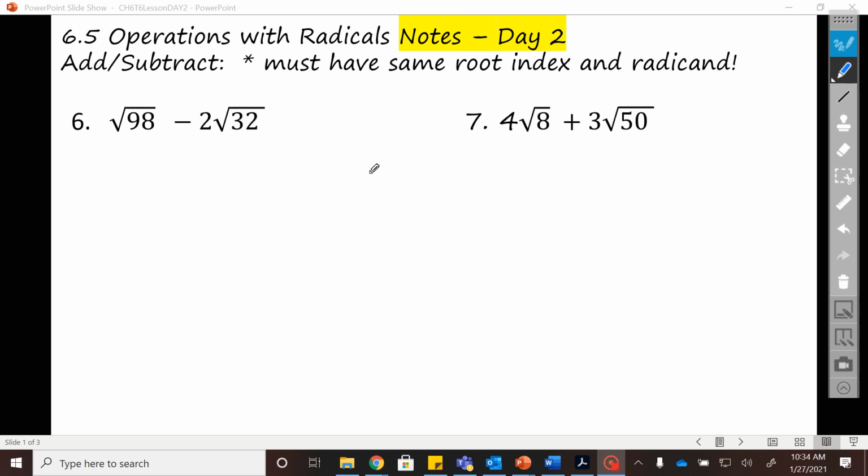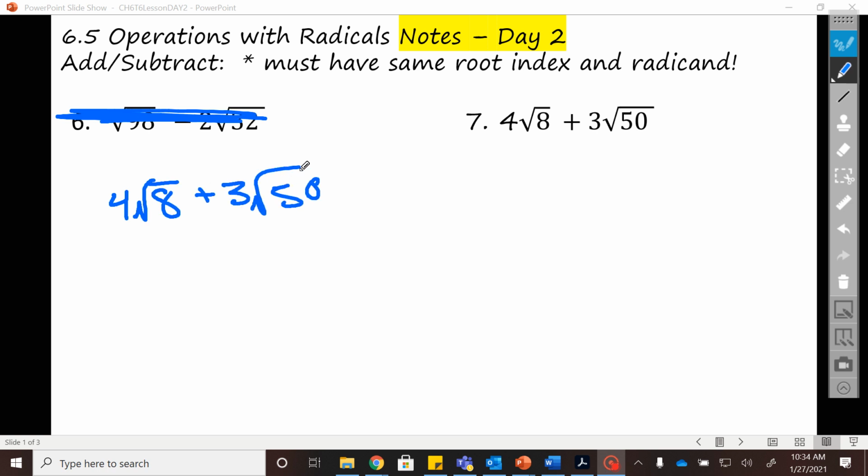Number 7, we have 4 square root of 8 plus 3 square root of 50. The first thing we want to do is split up the radicands. So 8 splits up into 2 times 4, and 4 splits up into 2 times 2.